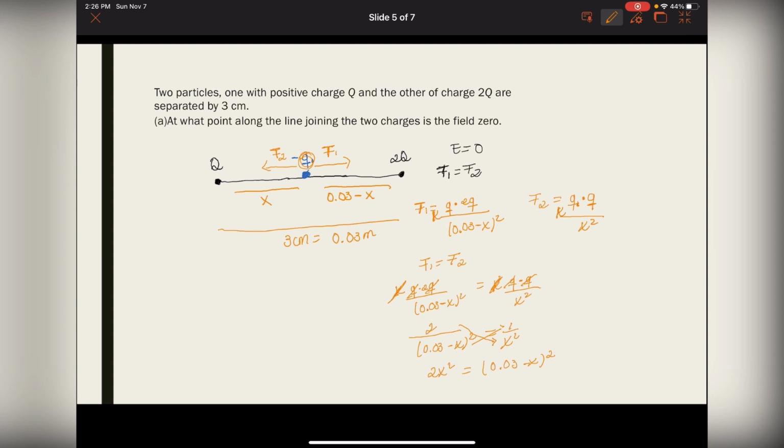Now we can take the square root of both sides, which gives me 1.414x equals 0.03 minus x. And I will continue right here.